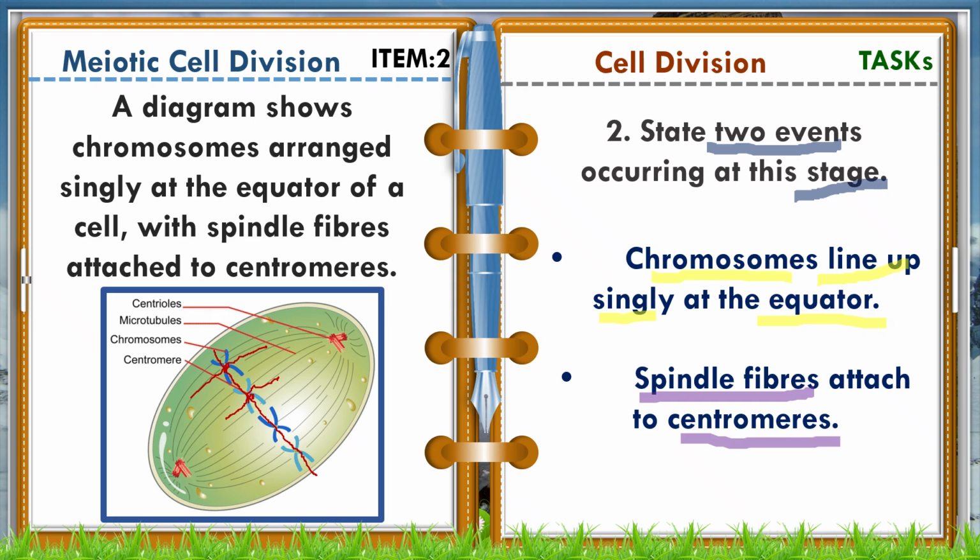So those are the two events that are taking place. One, the chromosomes are aligning singly at the equator, as you are seeing them here. And secondly, the spindle fibers attach to the centromere. So on every chromosome, a spindle fiber will attach at the centromere.